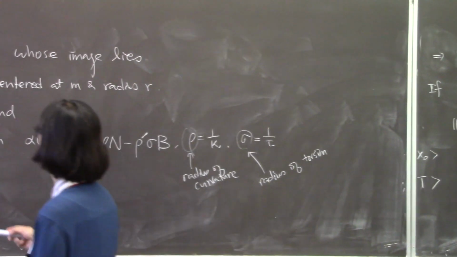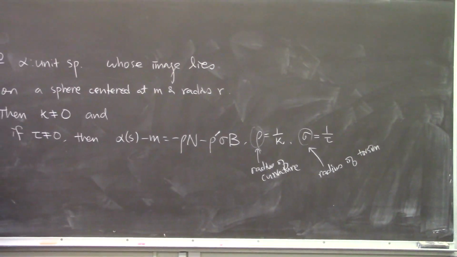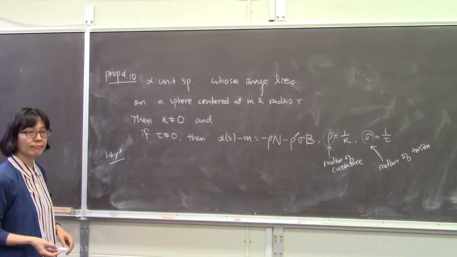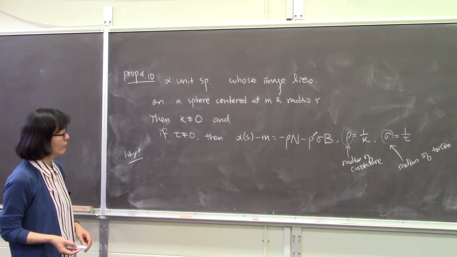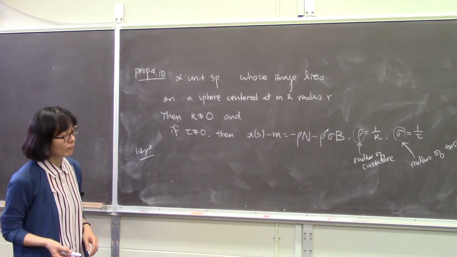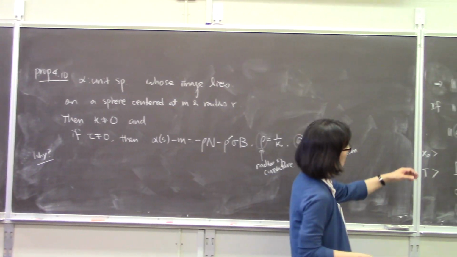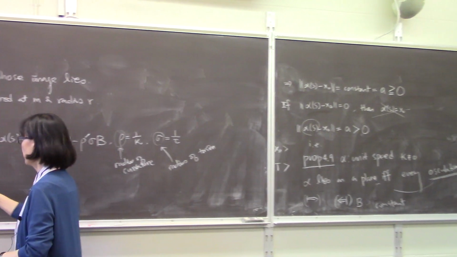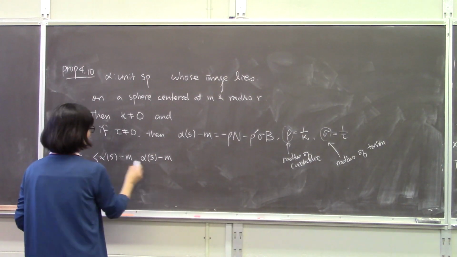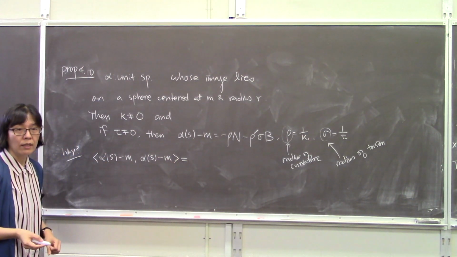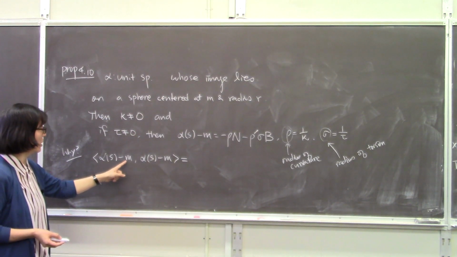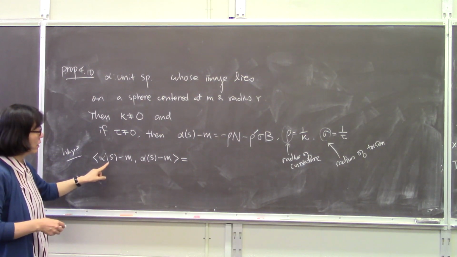Okay, so let's see why. So similar thing we have here. We have alpha(s) minus m, that is 1. The distance from the center to the point on the sphere, that is r, right?